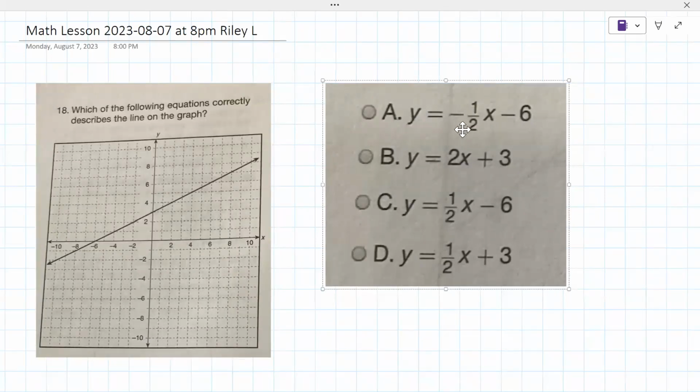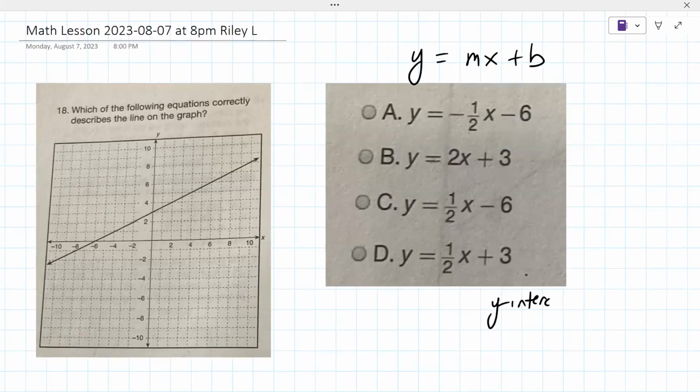They have different slopes: -1/2, 2, 1/2, 1/2. The slope is the number in front of x, and then the b is the y-intercept. The y-intercept is where it crosses the y-axis.